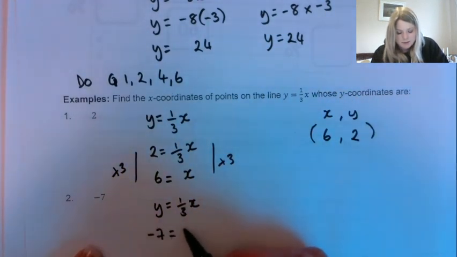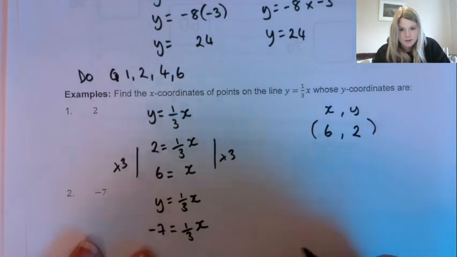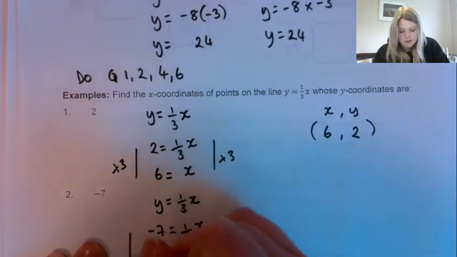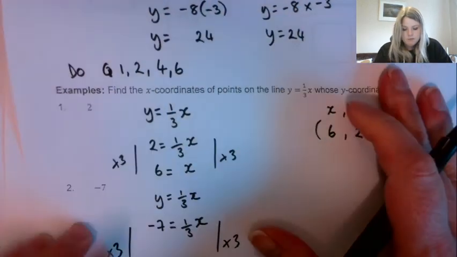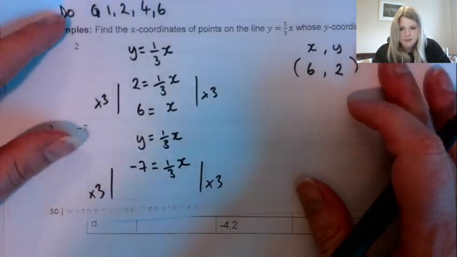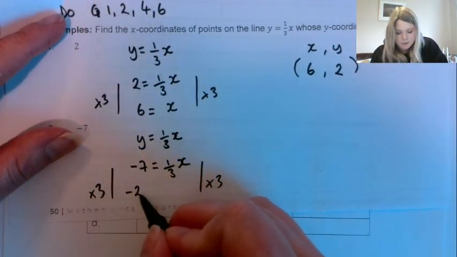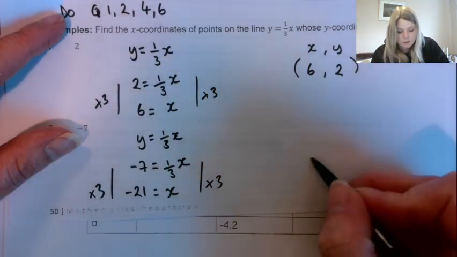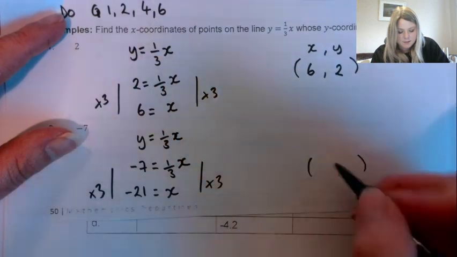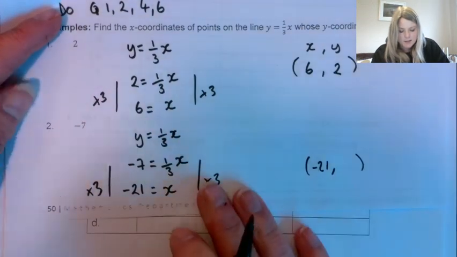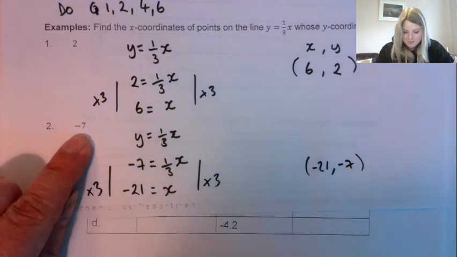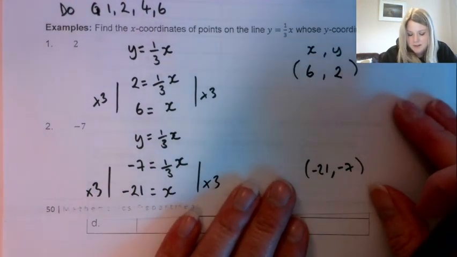So minus 7 equals a third x. Same again, to get x by itself, we're going to multiply by 3. So minus 7 multiplied by 3 gives me minus 21. Okay, so my coordinates, x is minus 21, y is minus 7. So hopefully those made sense to you.